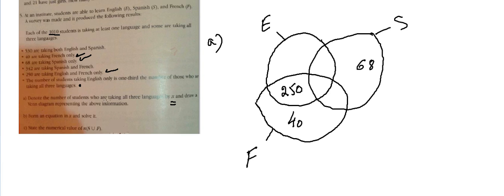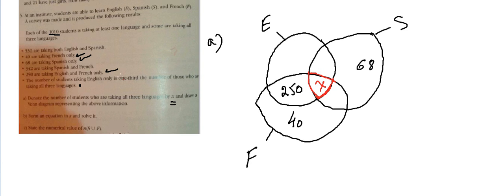Denote the number of students who are taking all three languages by X. The three languages at the same time means this is English, this is Spanish, and this is French, so they intersect over here. So this is X, all three languages at the same time.